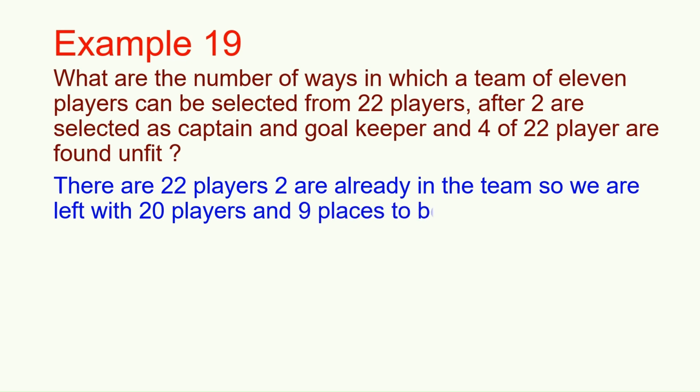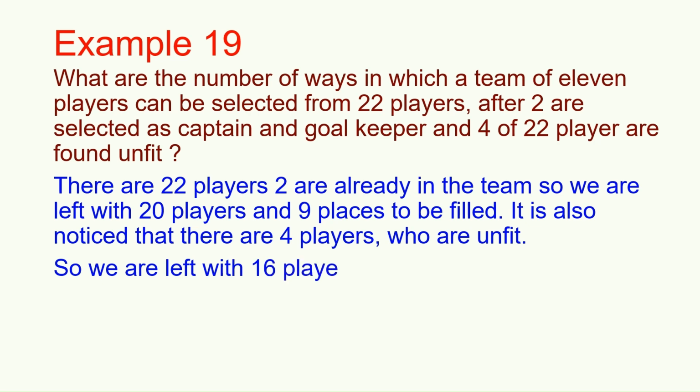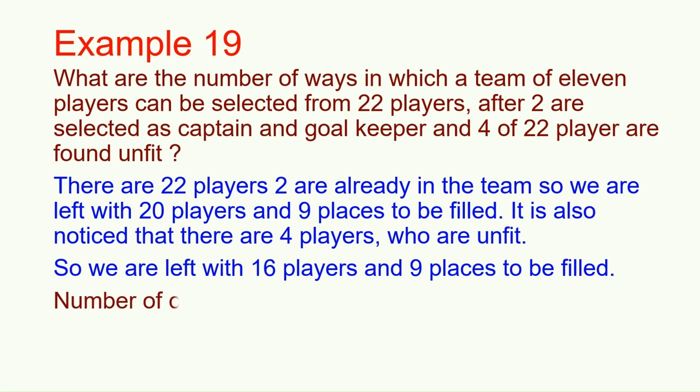There are 22 players. 2 are already in the team, so we are left with 20 players and 9 places to be filled. It is also noticed that there are 4 players who are unfit and cannot be selected, so we are left with 16 players and 9 places to be filled.